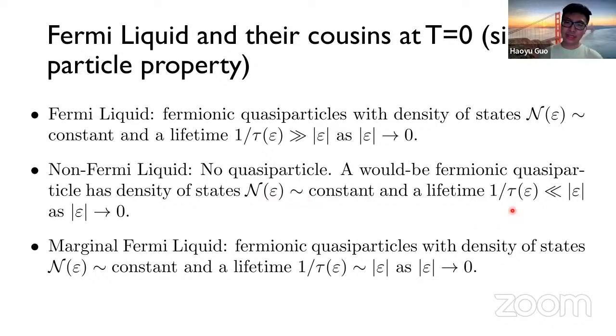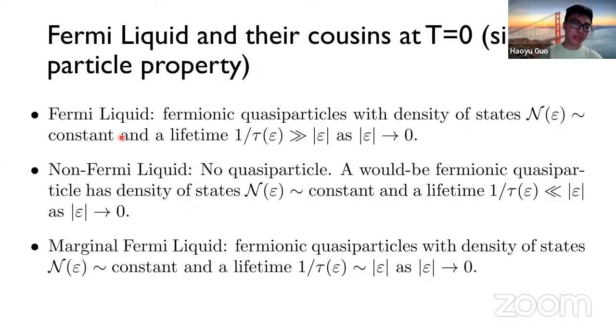But if you look at the decay rate, it's much larger than its energy. Sorry, I again got it wrong. So the energy of the quasi-particle is no longer well defined because it decays much faster.